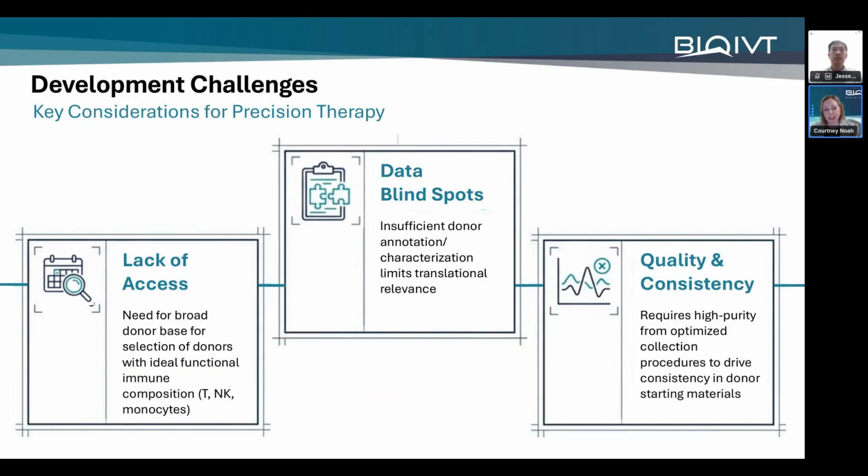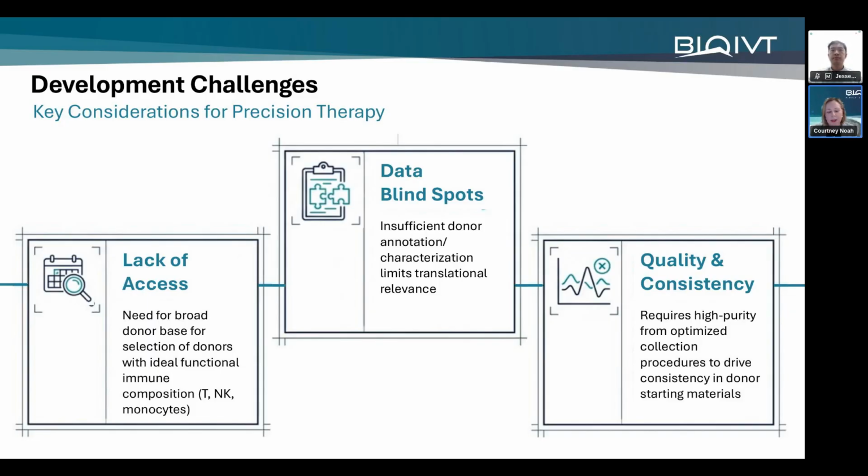So whether you're looking across cell therapy or immunology workflows, we often see three core challenges that emerge. The first, just the access to donors. And so I really want to call out the need for a broad donor pool that allows you to select those right immune characteristics. If you don't have enough to start with, as you go down further and try to do your selection, it really becomes a challenge.